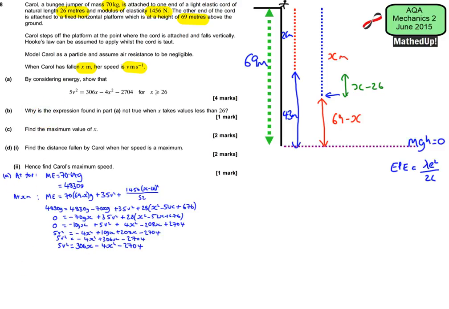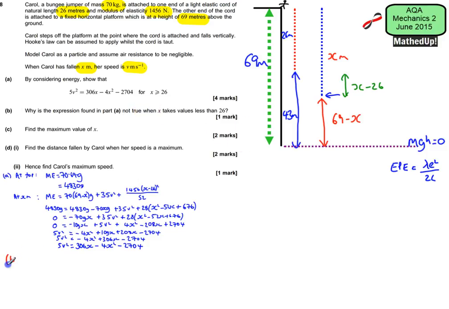Now in part B, we're being asked to explain why the expression found in part A is not true when x takes values less than 26. So if x is less than 26, that means that the rope won't yet be extended, or it won't be taut, in which case our elastic potential energy won't apply.